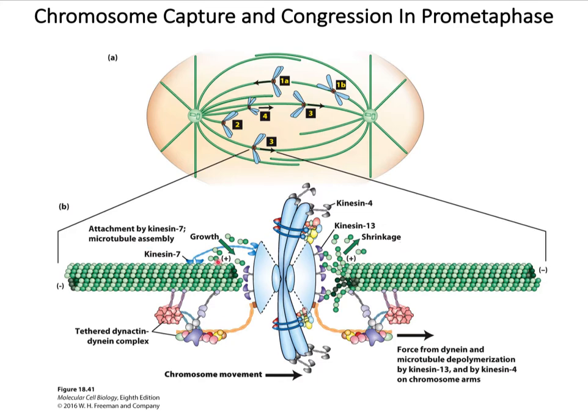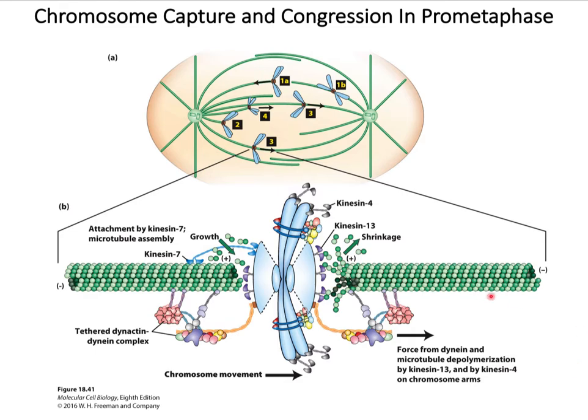In the next step, the chromosome with only one kinetochore pole interacts with the kinesin 7, also known as CENP-E, and we'll see what this interaction means in a second. So now these bioriented chromosomes with several kinetochore microtubules attached to each kinetochore move to a central point between the spindle poles, and this is known as congression.